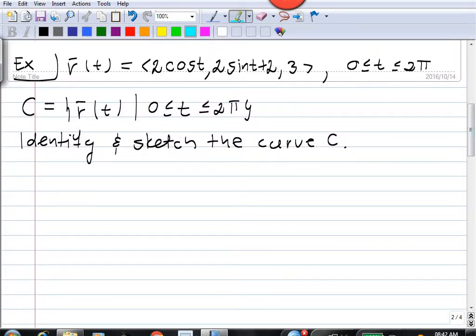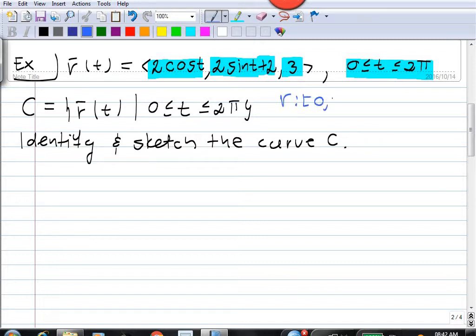So here we've got vector function r of t, 2 cos t, 2 sin t plus 2, and 3. Right, so this is a three-dimensional vector function, and it's defined on the interval 0 to 2 pi. So our r maps this interval 0 to 2 pi into R3.